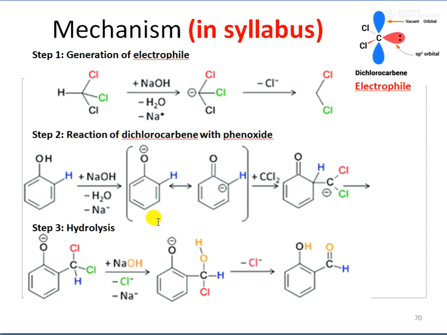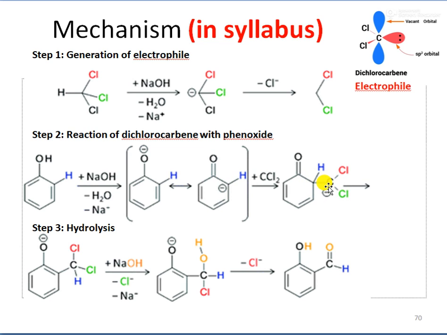The next step of this reaction is the reaction of this dichlorocarbene with phenoxide. Here the phenol in the medium will react with sodium hydroxide forming phenoxide, and this phenoxide has electron density at the ortho position. So the dichlorocarbene will come and attack at the ortho position, forming a bond that you can see here.